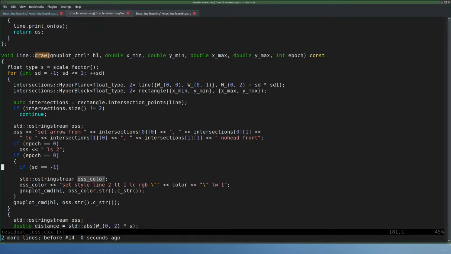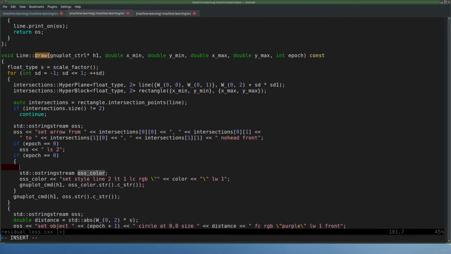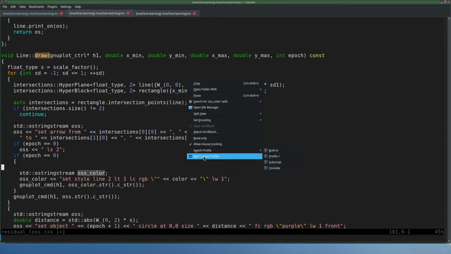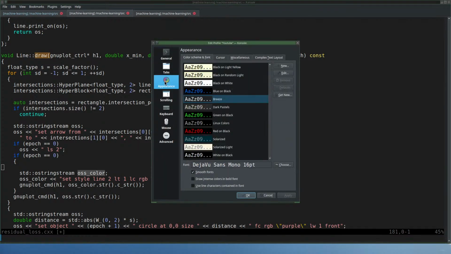Hello, Fernando. Well, the font that I'm using is DejaVu Sans Mono 16 point.